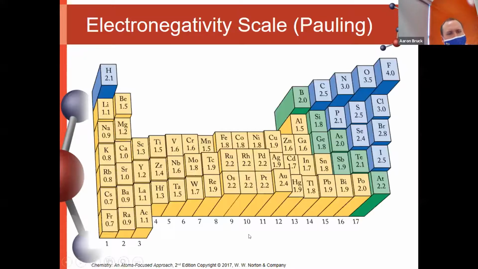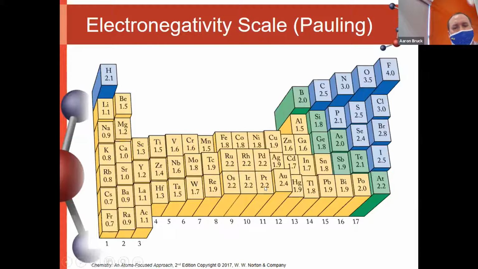This is the Pauling scale. Now, what we see in the Pauling scale is exactly what we were talking about when we thought about them from a qualitative standpoint. As we go down a group for metals, we say that metallic character tends to increase. So the metallic nature of our alkali metals increases, our alkaline earth metals increases, and not surprisingly, their electronegativities go down as they become more and more metallic.